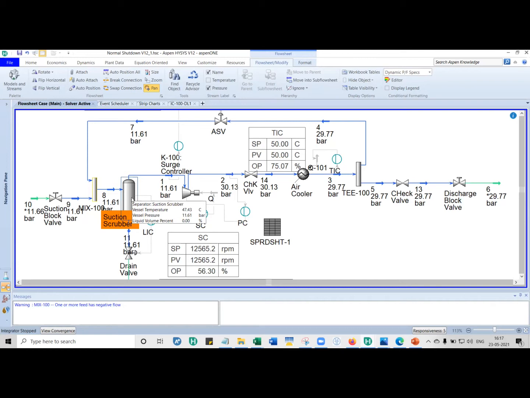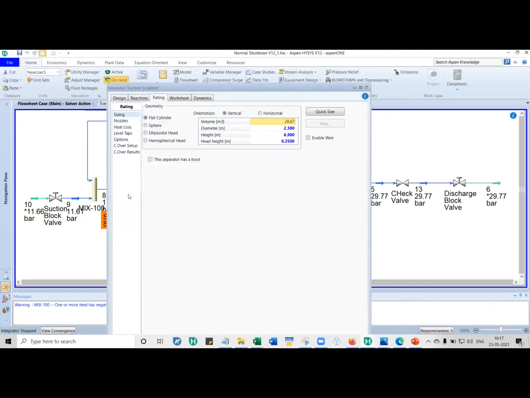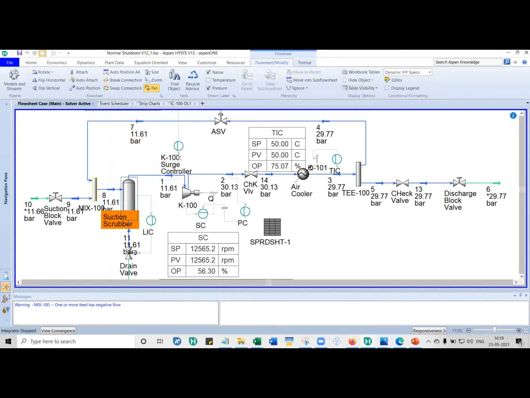You can put in pipes and it will do the hydraulics, but for dynamic simulation analysis, it's the volumes which really matter. When you give your diameter, height, and do your equipment sizing and line sizing, the value that actually goes into the simulation is the volume. In this case, it's 28.67 meter cube.